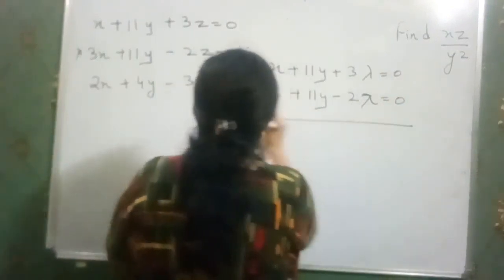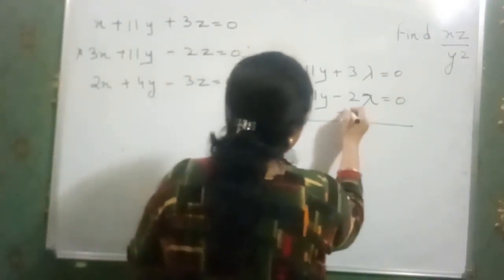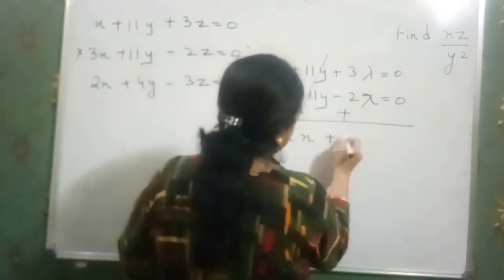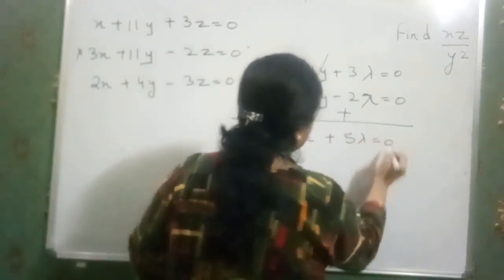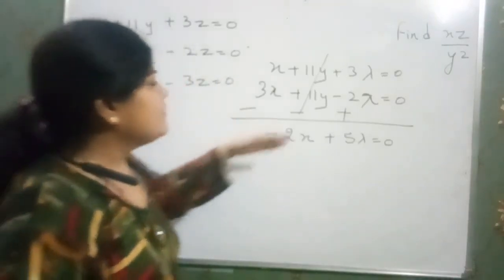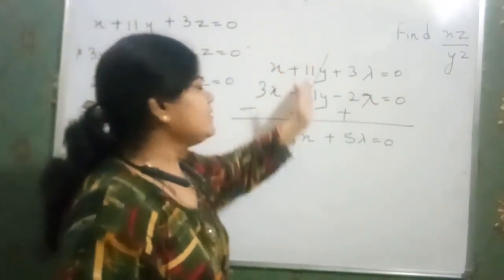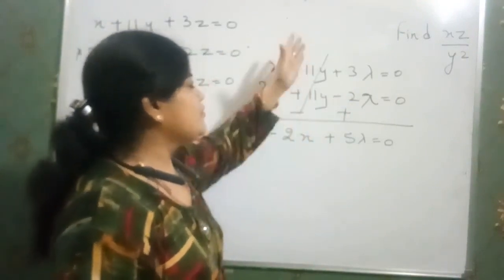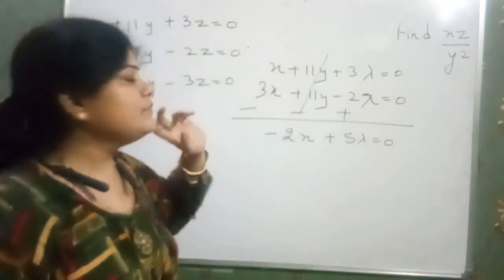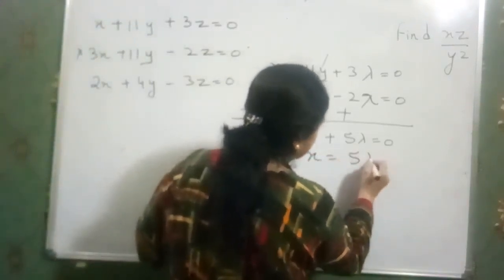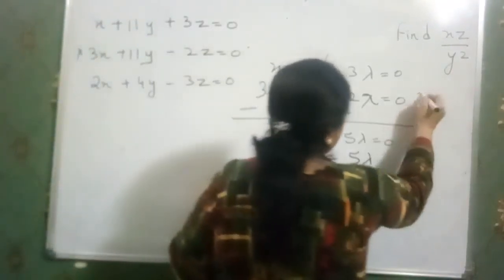Now solve it. It is minus, it is minus, it is plus, it gets cancelled. We have minus 2x plus 5 lambda is equal to 0. One thing we remember is that we don't neutralize lambda; we only neutralize y in order to find the value of x, and neutralize x in order to find the value of y. Okay, so x is equal to 5 lambda over 2.